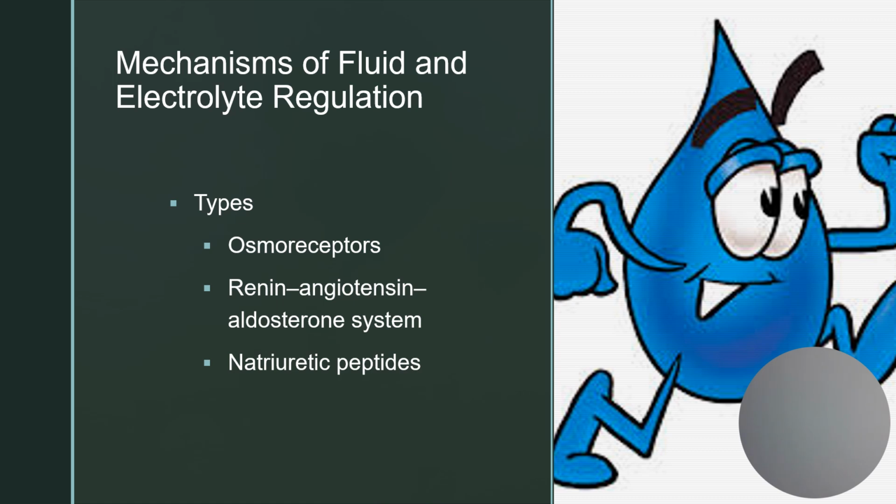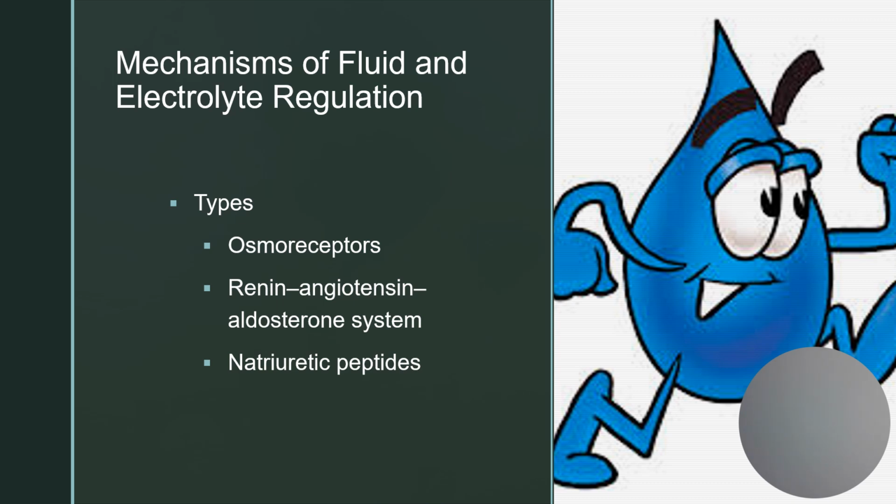Natriuretic peptides are hormone-like substances that help reduce blood volume through excretion of sodium. ANP and BNP are going to be released when the heart walls are overstretched due to increased volume, and this will increase urine production.